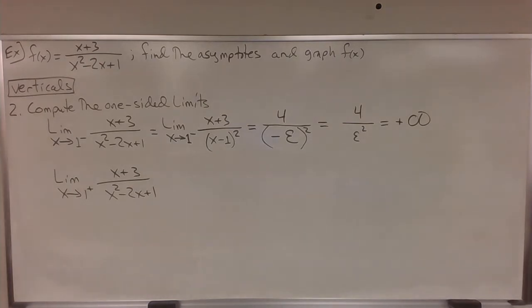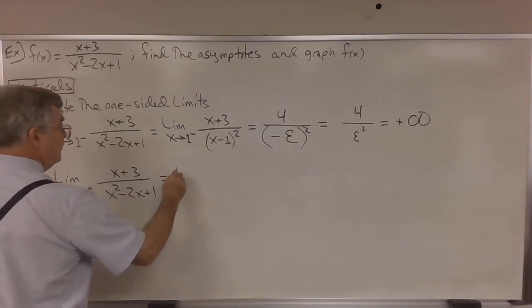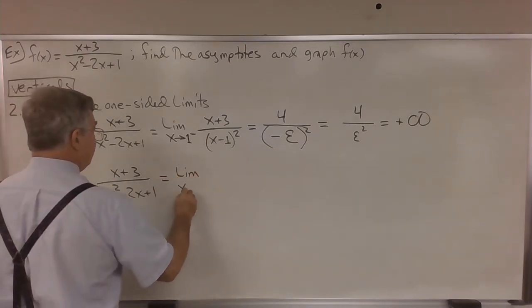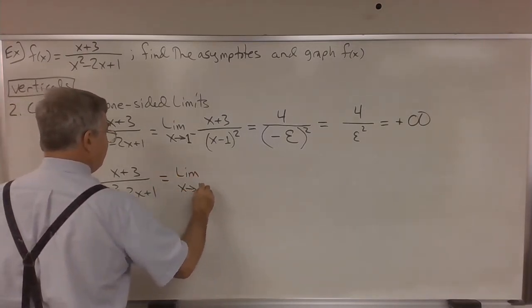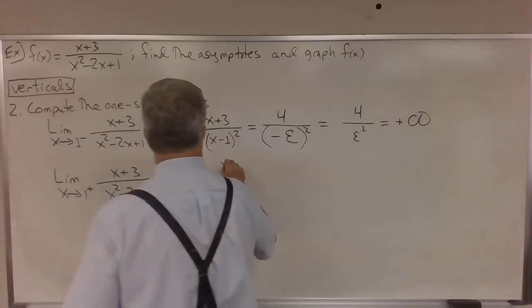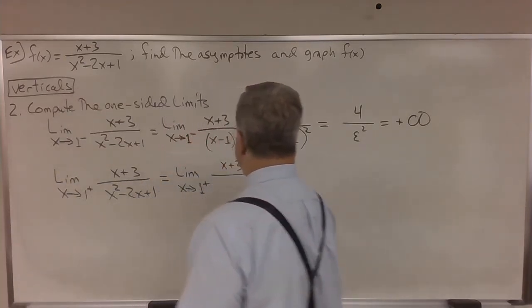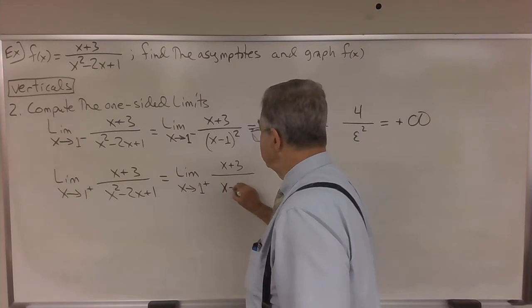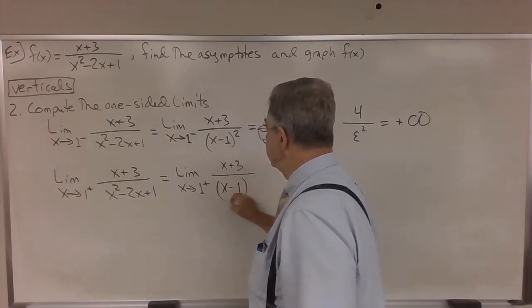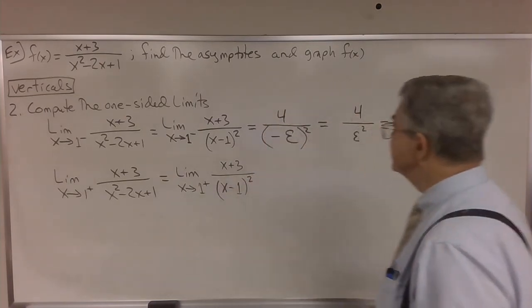And again, I want to factor the denominator. So I have x plus 3 on top, x minus 1 quantity squared on the bottom.